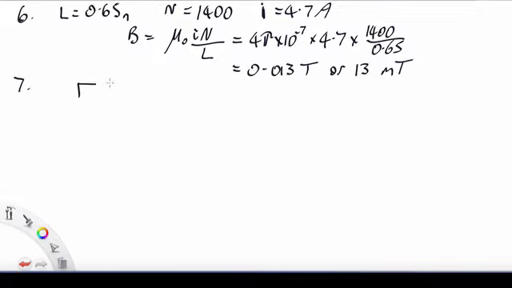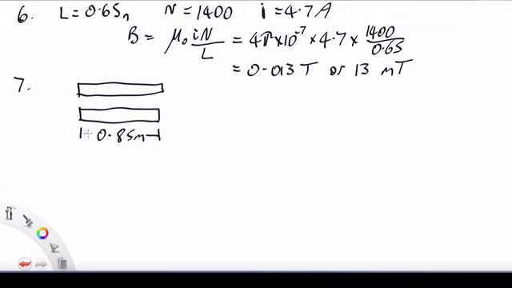Now for number 7, we've got these two bars, and we know that the length of them is 0.85. We know that the separation of them is 8.2 by 10 to the minus 3 meters. We know the mass is 0.073 kilograms. Now, if the top one is levitating, it's because the forces are balanced.